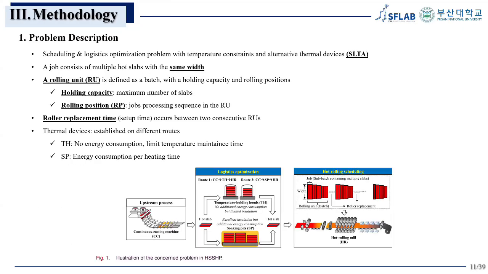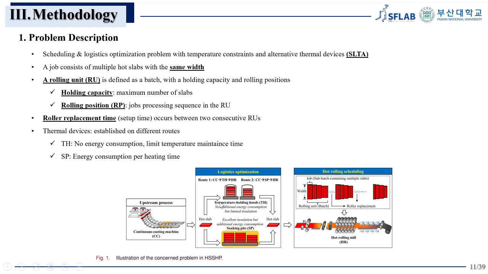To describe the problem, our problem is called the scheduling and logistic optimization problem with temperature constraint and alternative thermal devices, or SLTA. A job consists of multiple hot slabs with the same width. In this case, we use another term, the rolling unit, to refer to a batch.